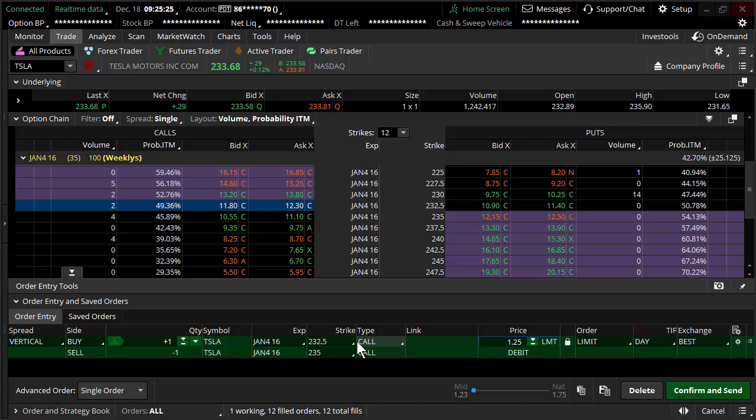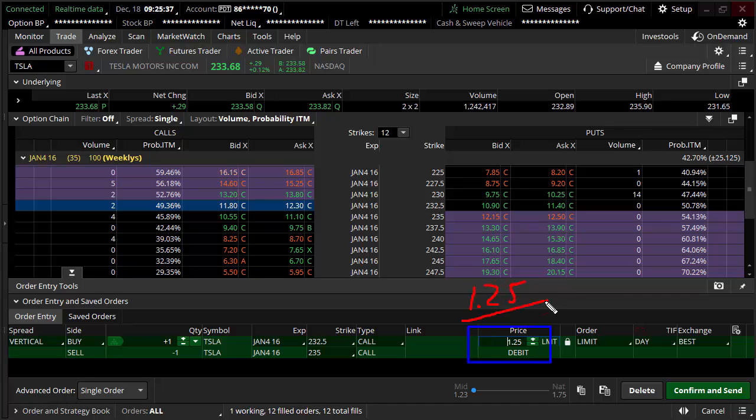They're about risk management. It's not about windfall profitability. If you know going into your trade that your maximum risk is $1.25, that's it. The max risk in this trade is $1.25.